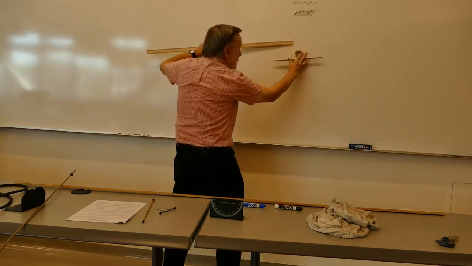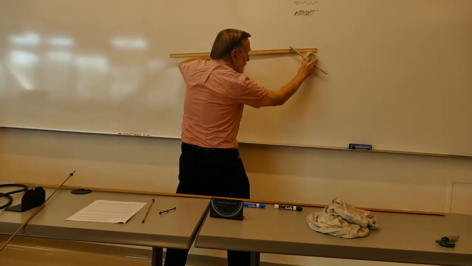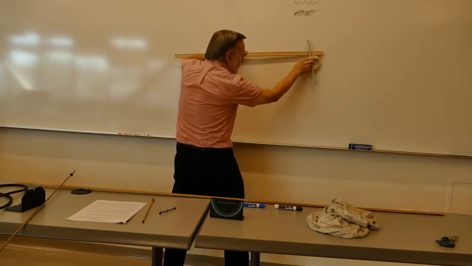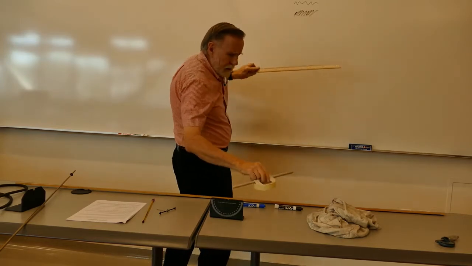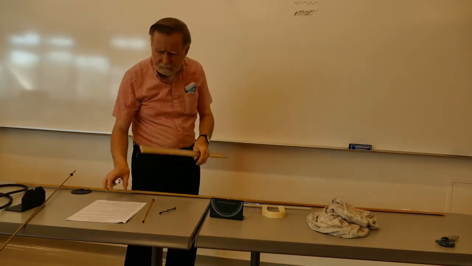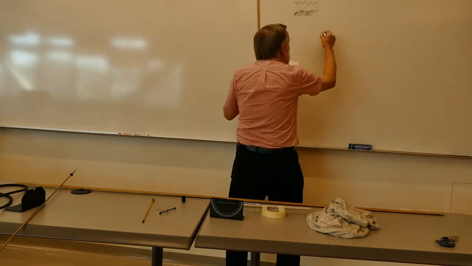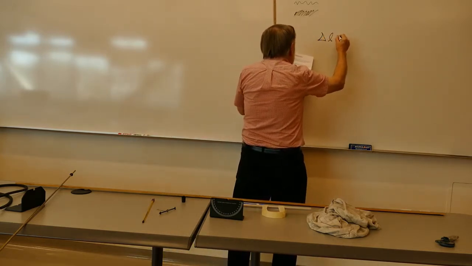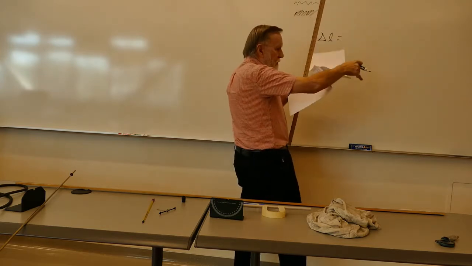The brass tube is going to expand. As it expands, it rolls over the axle and turns the pointer to different angles. So the formula that we're using looks something like this.